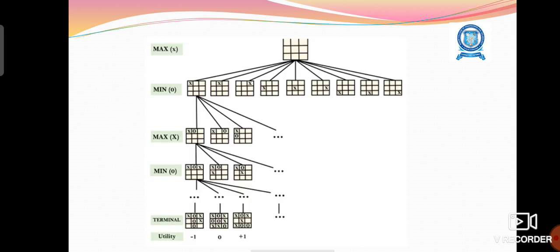So this is the search tree we can draw for the tic-tac-toe game. The initial state is shown as the root node. From the root node, there may be multiple possible moves from the starting position that will be listed as the successor nodes of the starting node.